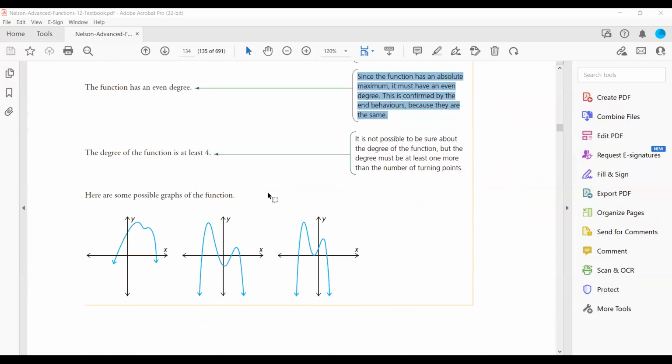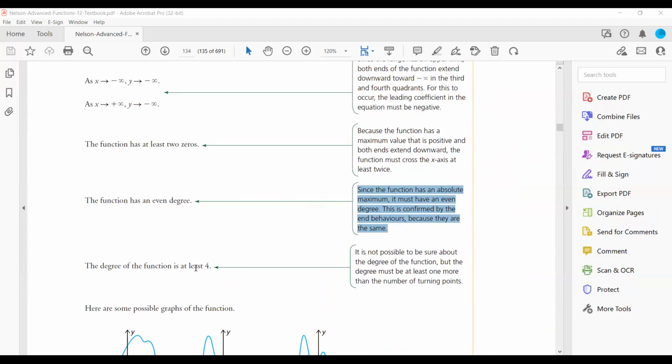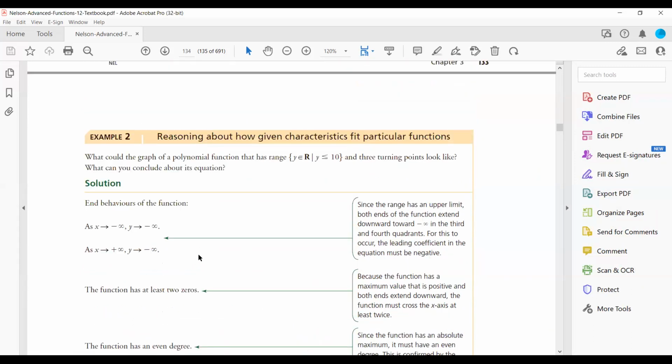And yet for this particular case, I cannot understand. I really cannot understand why they say that the degree of this function is at least 4. Oh, this is why.